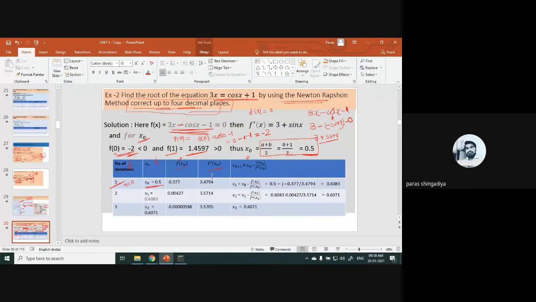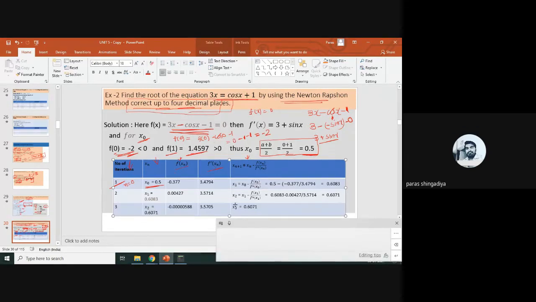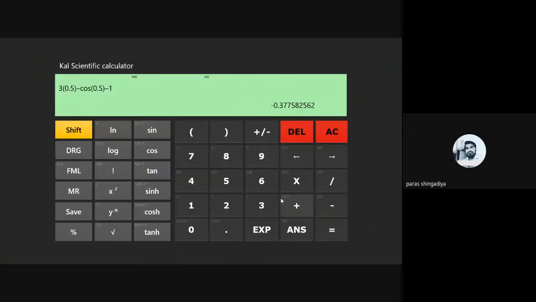And then after that the derivative output. What is the derivative? We have 3 plus sine x. So just find 3 plus sine of 0.5. You will get the answer 3.4794.